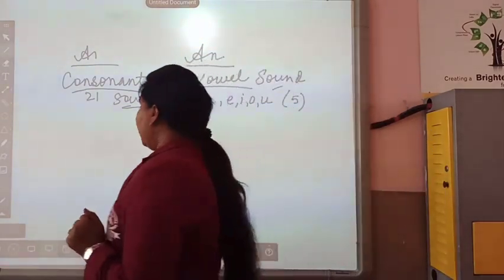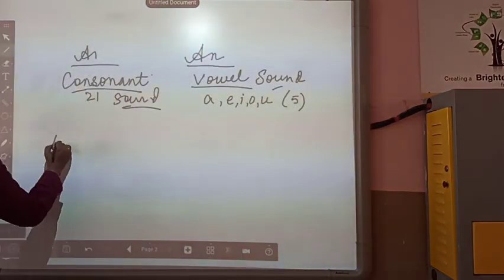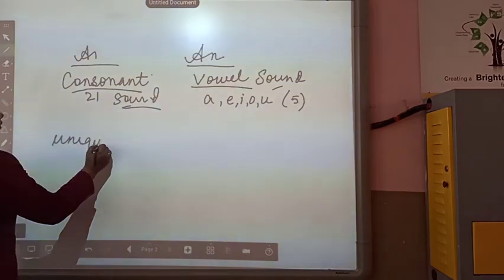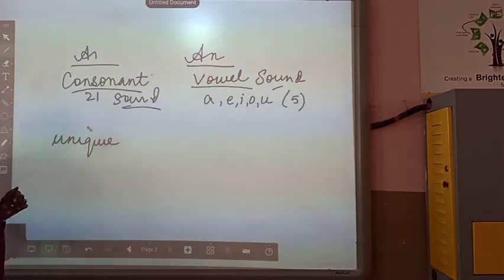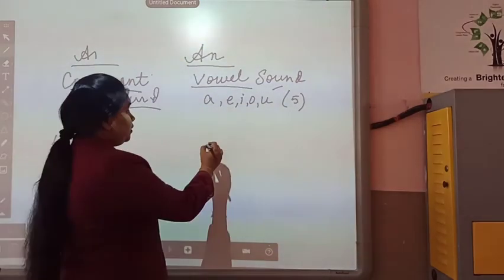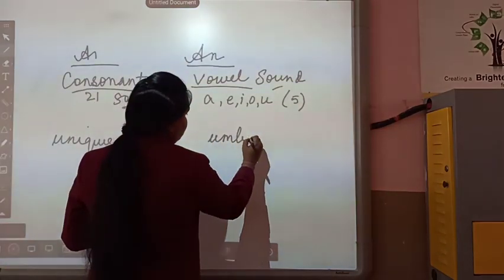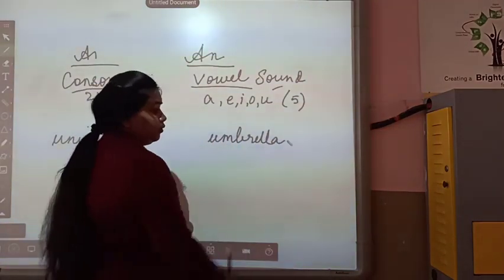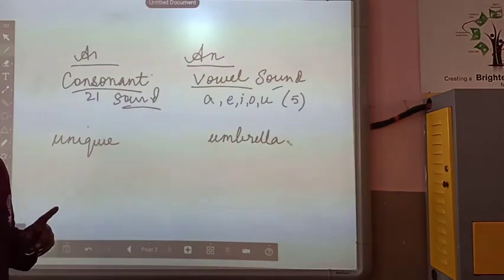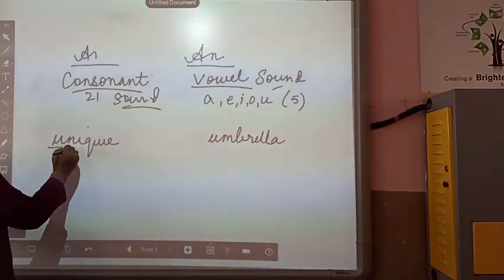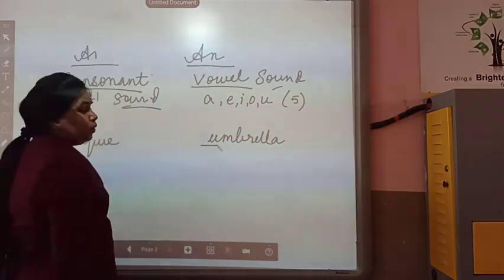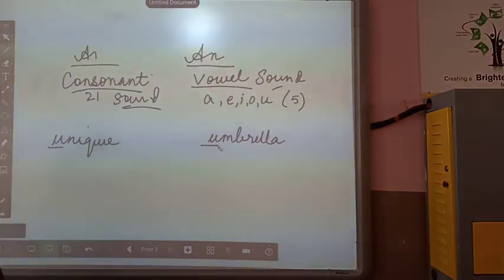Suppose there is the word unique and the word umbrella. If you observe, they both start with the letter U, which is a vowel.